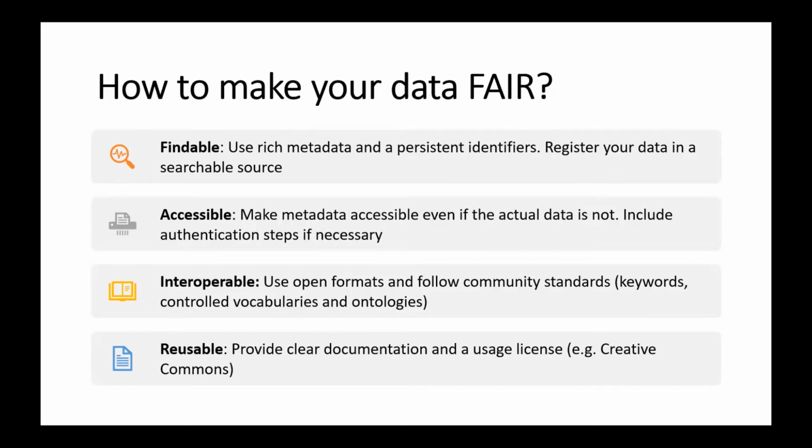And this is also good scientific practice, and you can get attention for your work and maybe even find some collaborators for the future. And also you should include authentication steps to restrict access if necessary.